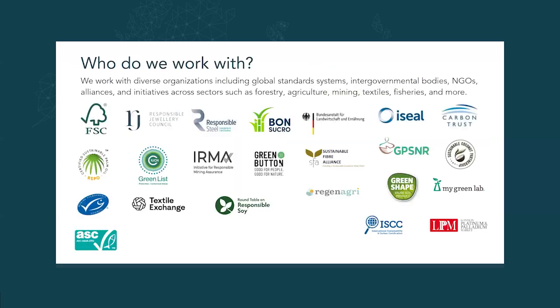I'd like to give a brief overview of the clients we have. It's a snapshot, it's not all. We work with a diverse range of organizations: standard setters, also intergovernmental bodies, NGOs, and initiatives who really want to make an impact for forestry, agriculture, textiles, and so on. I'd like to highlight the 5 schemes to the left.